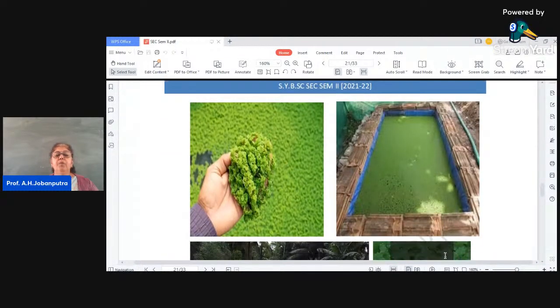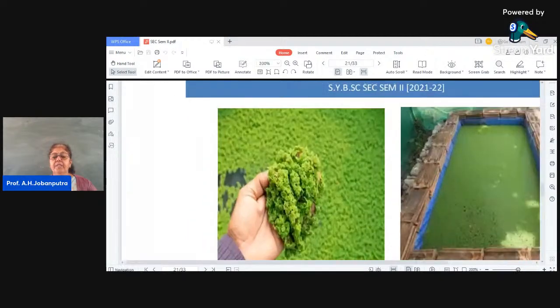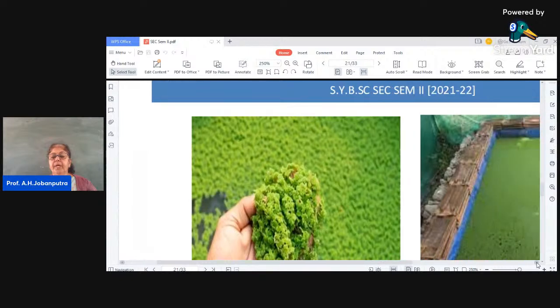So this is how the ponds of Azolla are made. अशा पद्धतीने ते पॉन्ड्स बनवतात. तिथे मग अझोलाची ती ग्रीन मॅट, हिरवीगार अशी मॅट तयार होते, and that is actually harvested. You can see it in a bigger image.